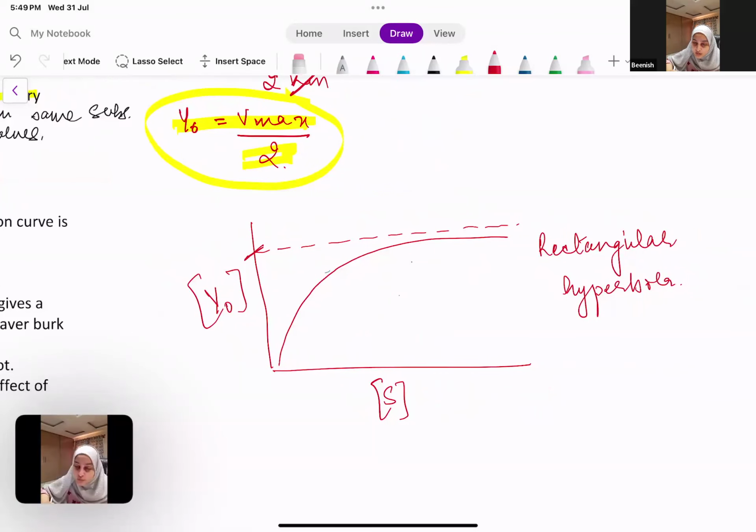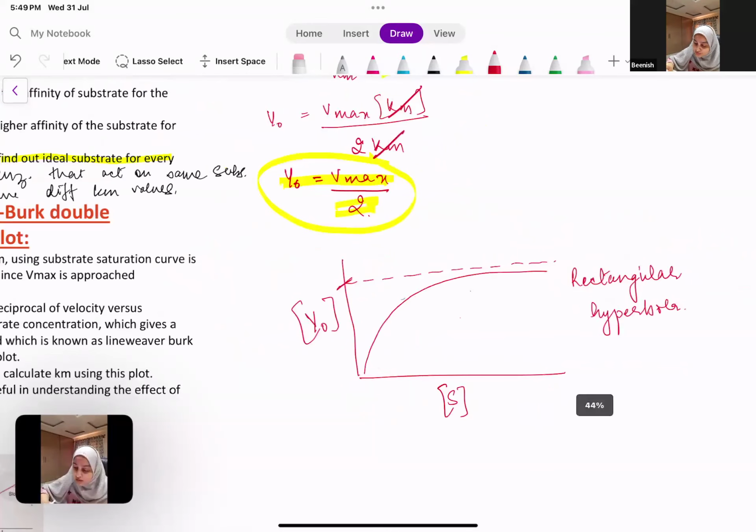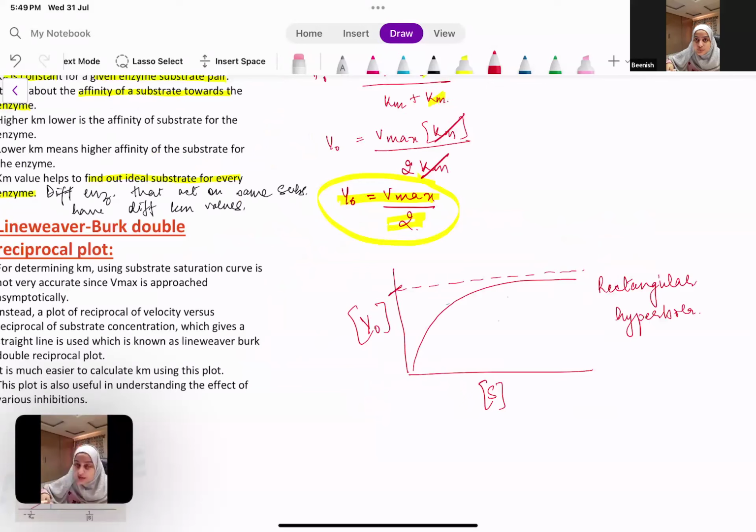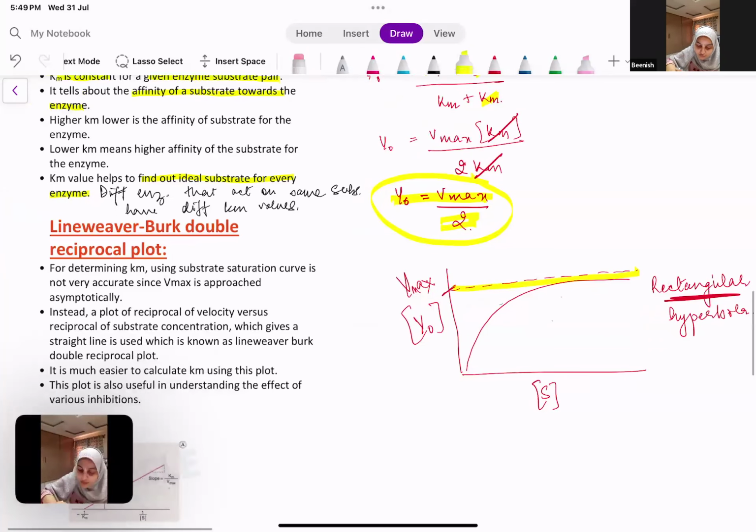Therefore, to overcome these difficulties, your Michaelis-Menten equation can be rearranged to give convenient graphical representations. Because you can see here, if you use this Michaelis-Menten equation to plot a graph, you get a rectangular hyperbola, and in this rectangular hyperbola your Vmax is approached asymptotically.